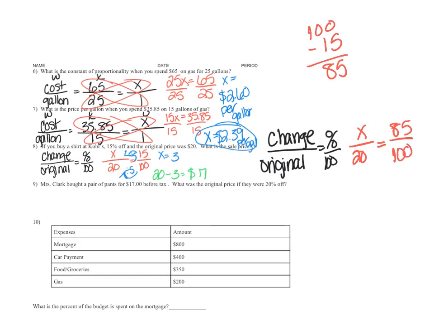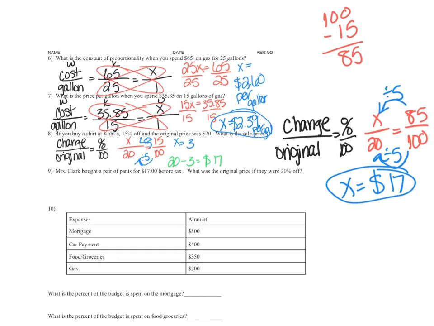So if I look here, I can still scale down. So 100 divided by 5 will get me 20. So when I do 85 divided by 5, that will get me 17, which is the amount that I do pay when I buy something for 15% off.